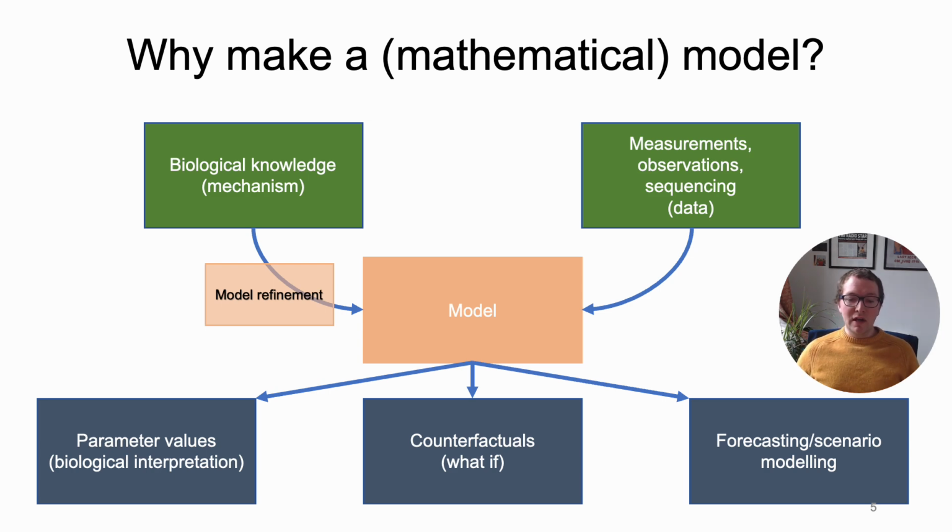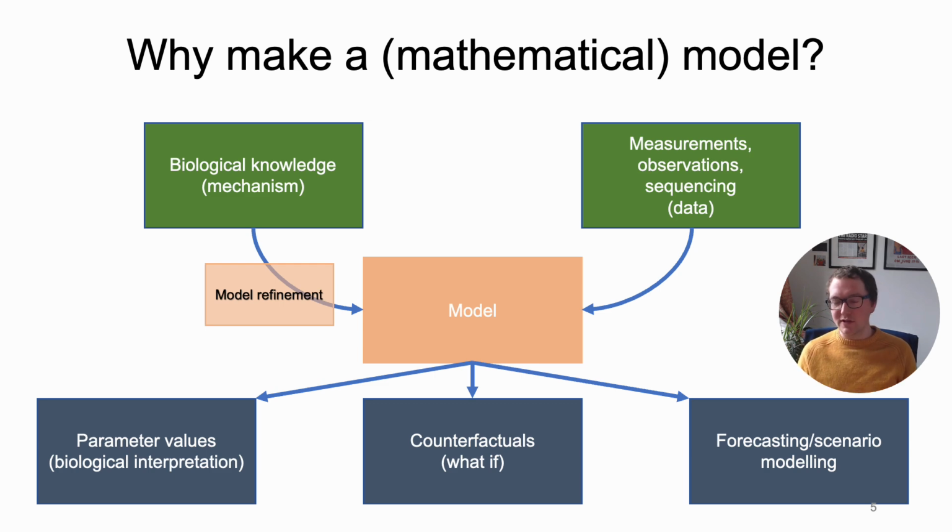If you've got parameters in your model, for example the binding rate of two substrates, you could try and infer that rate from your data. You can do what-if scenarios, which are normally called counterfactuals in modelling. For example, what if I had vaccinated people with this formulation rather than this one?